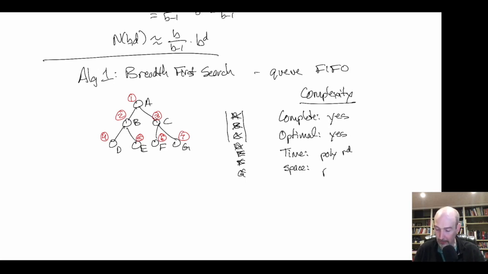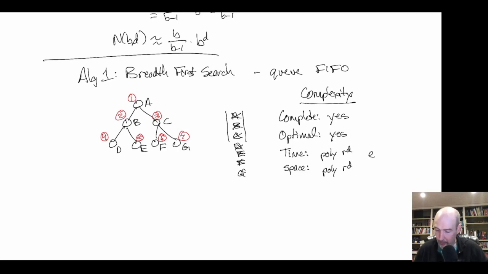The space would be also r to the d. Now there are some caveats to this. R to the d is the number of states that we would have in the entire state space. And so I didn't actually do the summation. And so we're going to come back to that a little bit later in the class. But we'll look at that.